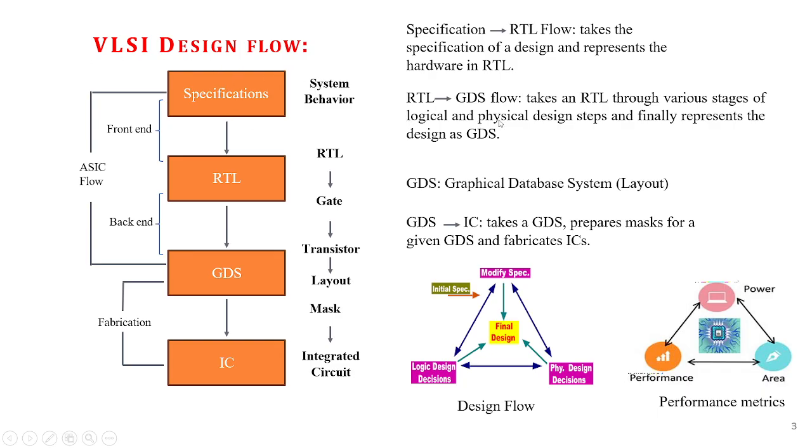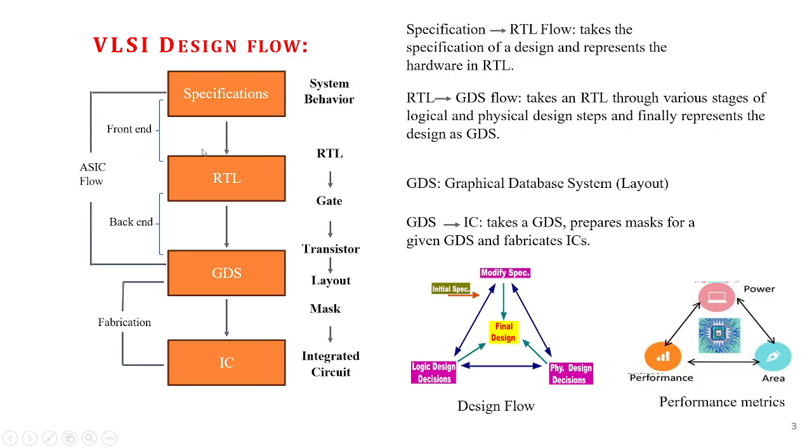In the specifications, the RTL flow takes the specification in the diagram and represents the hardware in RTL. Then the RTL to GDS flow we discussed yesterday takes the RTL through various stages of logical and physical design steps, and finally it represents the GDS, which is nothing but graphical database system, that is layout. GDS2 is the graphical database system, that is layout. And GDS to IC takes the GDS, prepares a mask for the given GDS and fabricates the IC.